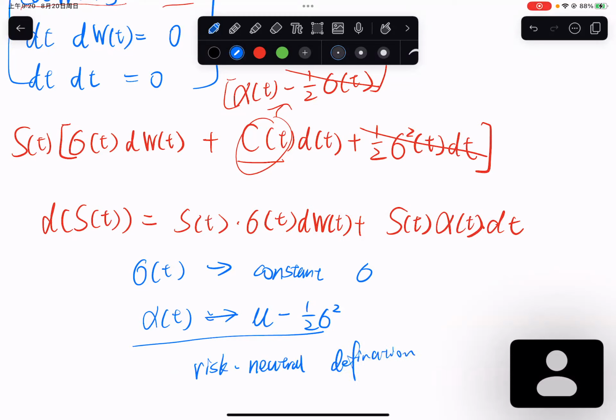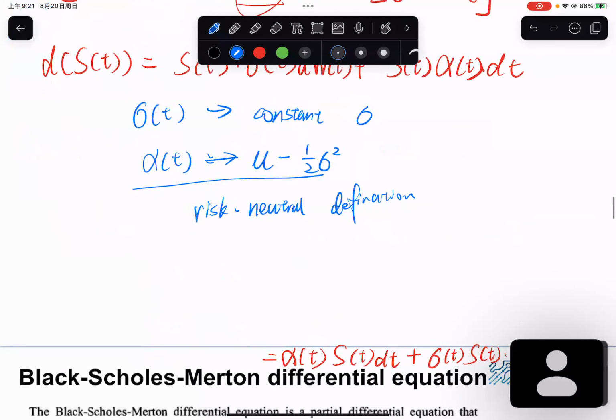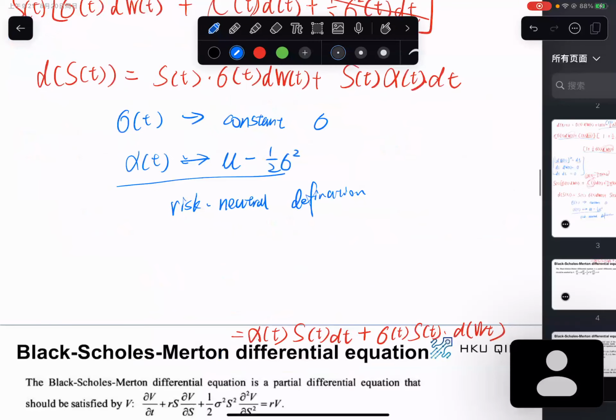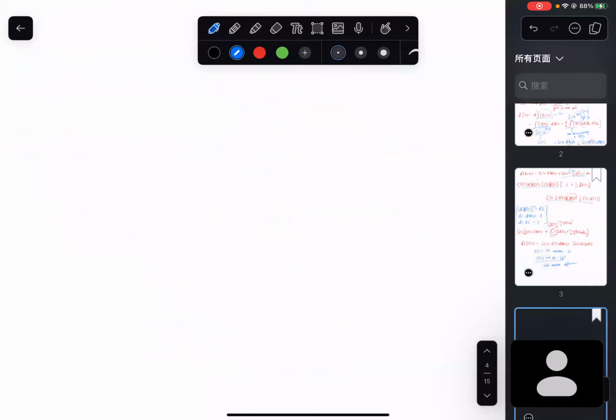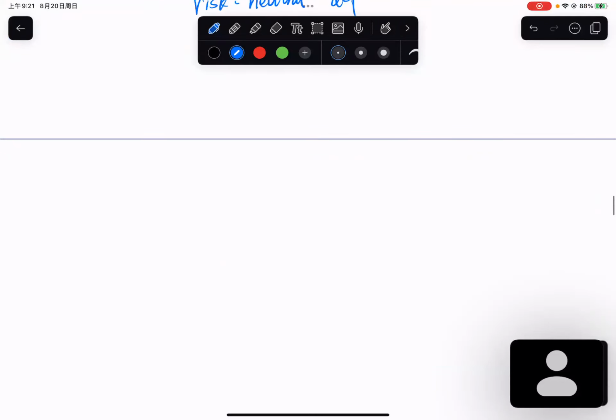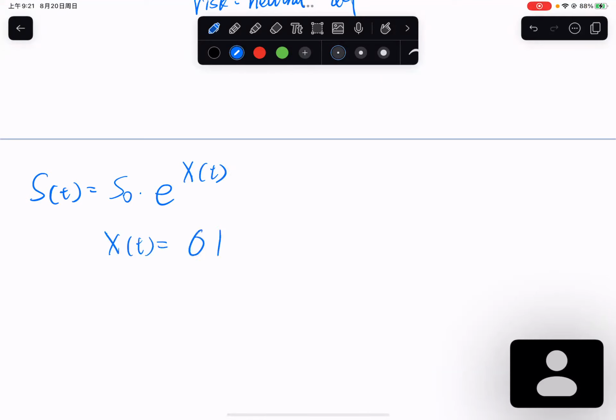Okay, why is that? Because let's think in a more simple way, okay? Let's introduce one more new page. If we have St equal to S0 multiplied by e to the Xt, where Xt is a constant sigma multiplied by Wt plus a constant mu with t, right?